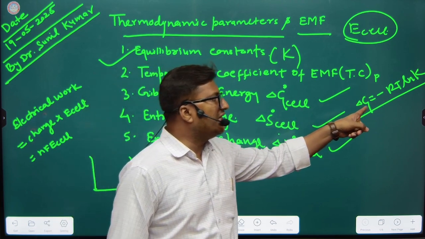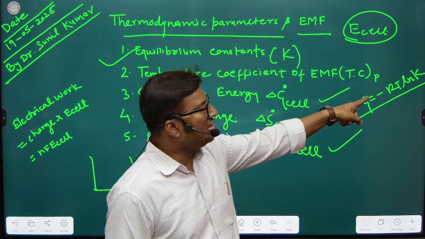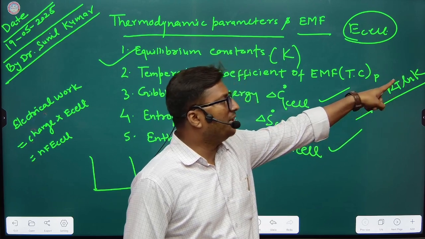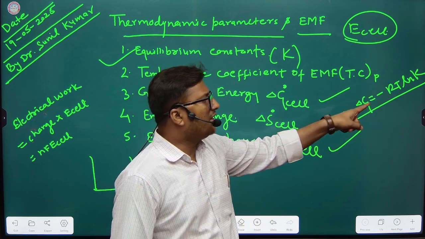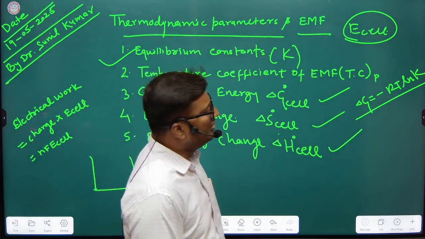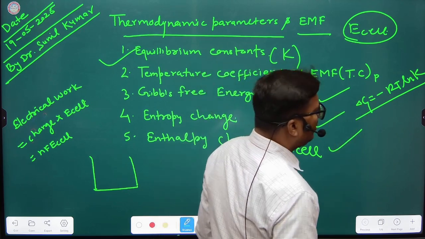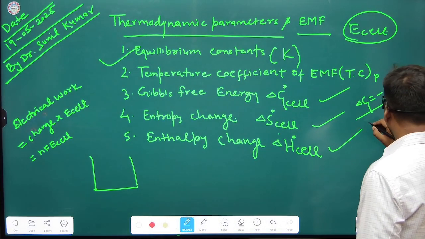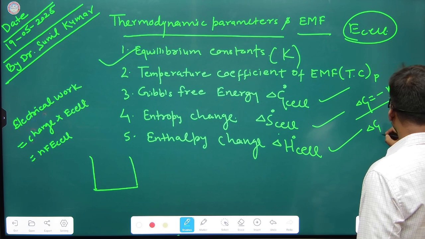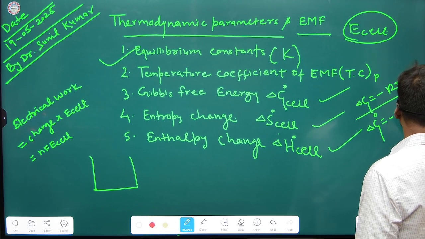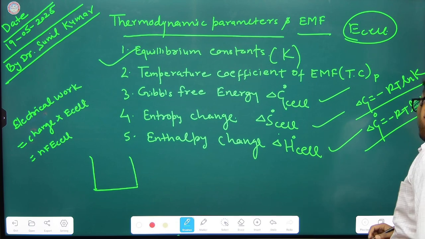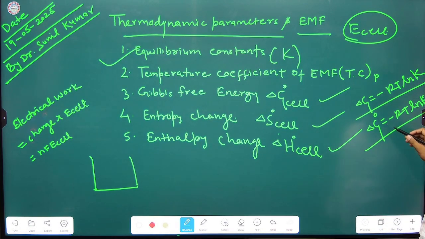So the change in Gibbs free energy at any temperature T is equal to minus RT ln K, where K is the equilibrium constant. So this is under non-standard state, and if this reaction is thermodynamically significant, then under standard state delta G naught is equal to minus RT ln K. Okay, so this is the change in Gibbs free energy and its relation with the equilibrium constant, right?